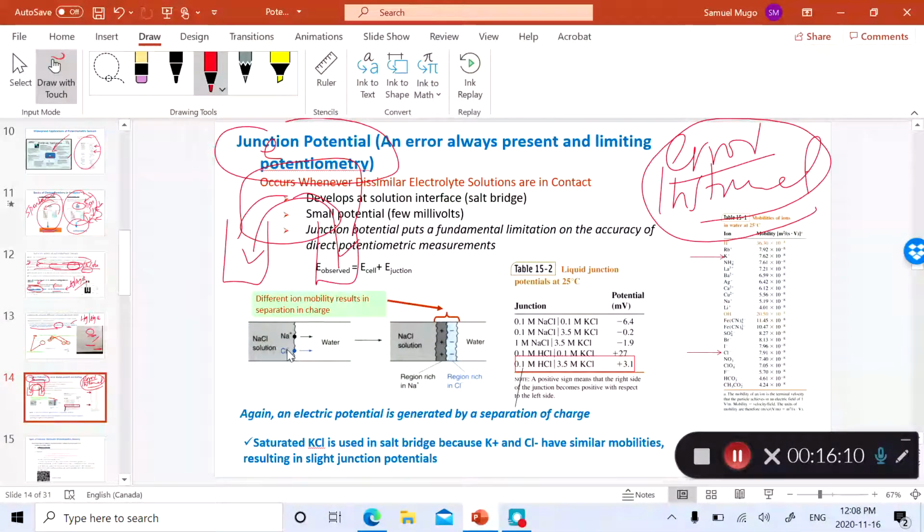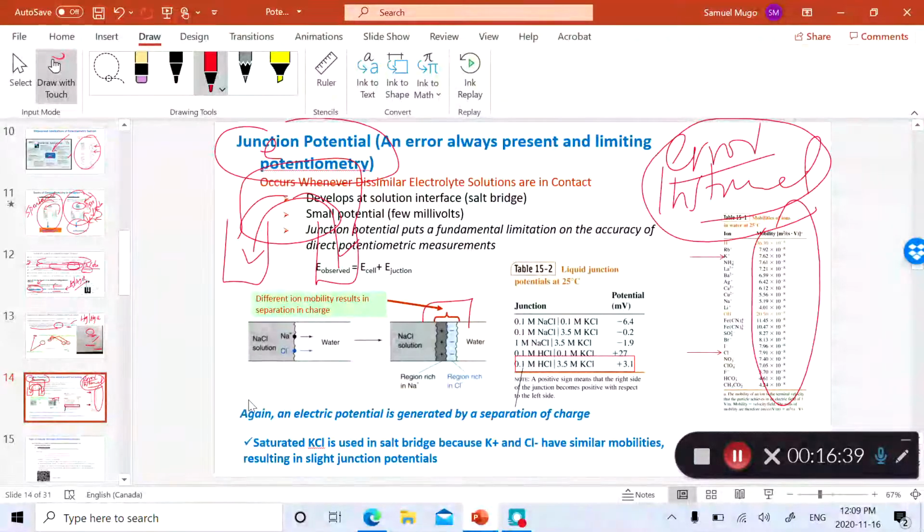Because of that, ions have different electrophoretic mobilities, as you can see in this table. As such, some ions move faster than others, and because of that, they create what you call a charge barrier, which is a charge separation.